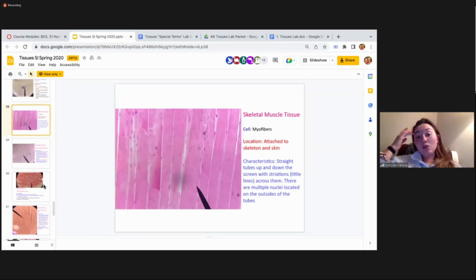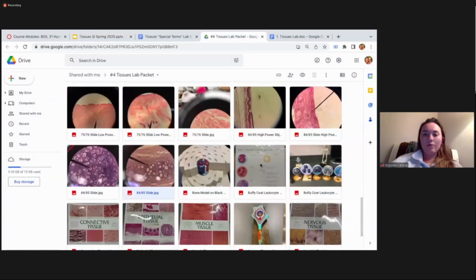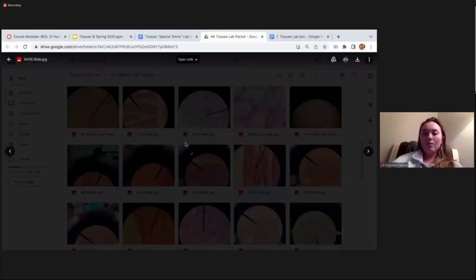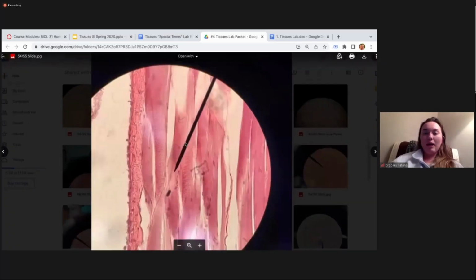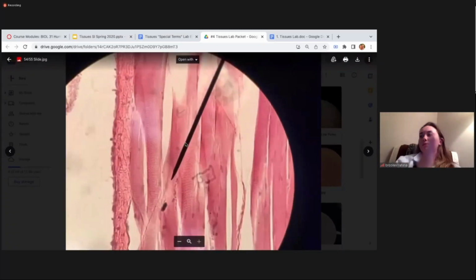So for skeletal muscle, this one looks very distinctive because it looks like columns or lines going up and down on the slide. You see that repeated every time you see a skeletal muscle example. For this example, do you see how we have these straight columns up and down?